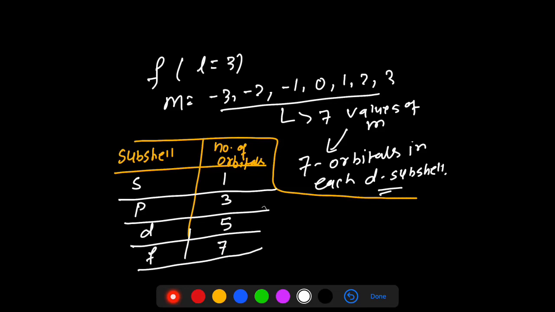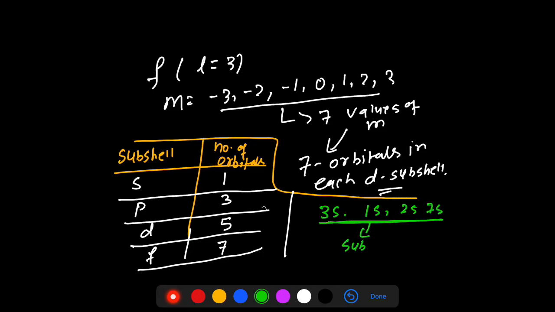The p subshell has 3 orbitals. d has 5 orbitals and f has 7 orbitals. Each s subshell will have one s orbital, each p subshell will have 3 p orbitals, each d subshell will have 5 d orbitals, each f subshell will have 7 f orbitals. Keep that in mind.